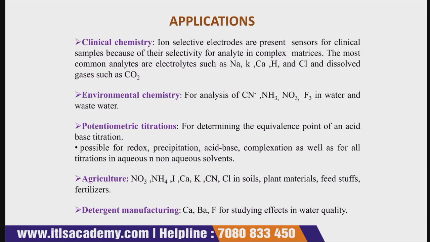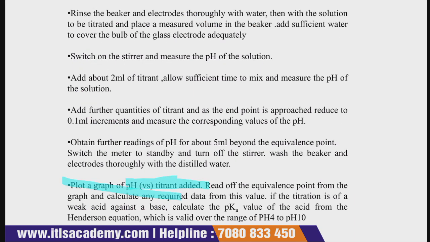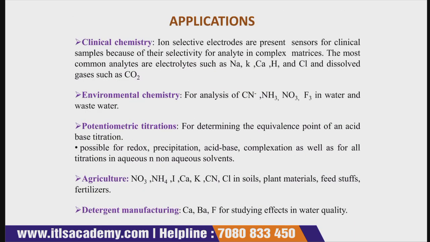Then potentiometric titration, where you want to determine the equivalence point of an acid base titration that we have just discussed here, also uses potentiometry. It is also possible for redox reactions, precipitation, acid base complexes, as well as for all the titrations in aqueous and non aqueous solvents.